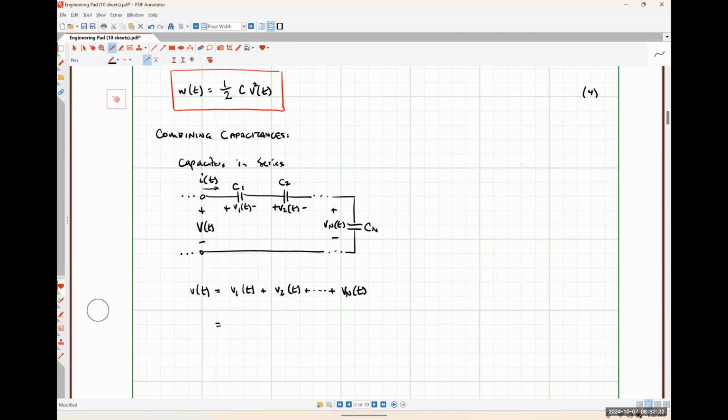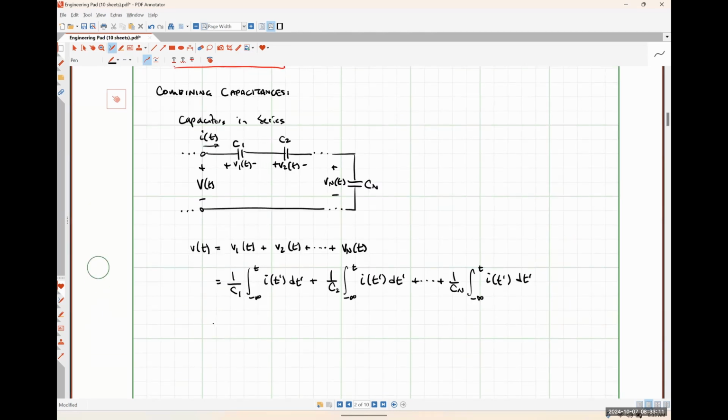We can use our integral-based relationship to express all of those capacitor voltages in terms of our common current I. So that would look like 1 over C1 times the integral from negative infinity to t of I of t prime dt prime plus 1 over C2 times the integral from negative infinity to t of I of t prime dt prime all the way out to 1 over C sub n times the integral from negative infinity to t of I of t prime dt prime.